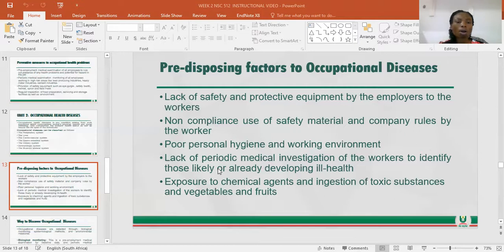Also, poor personal hygiene and working environments can predispose employees to occupational disease.